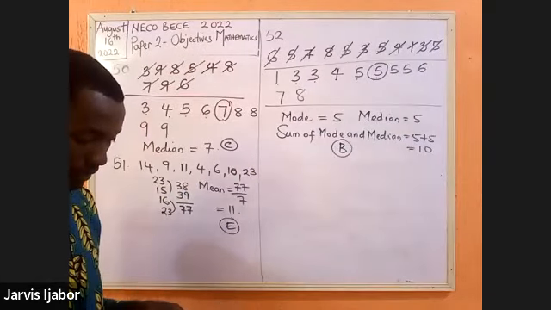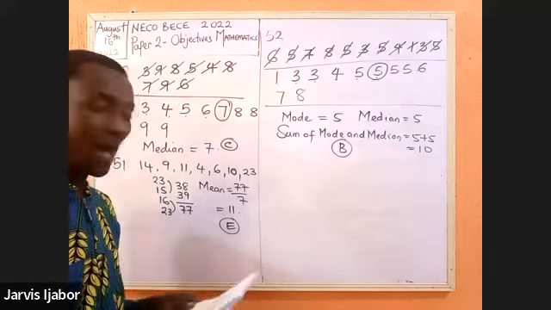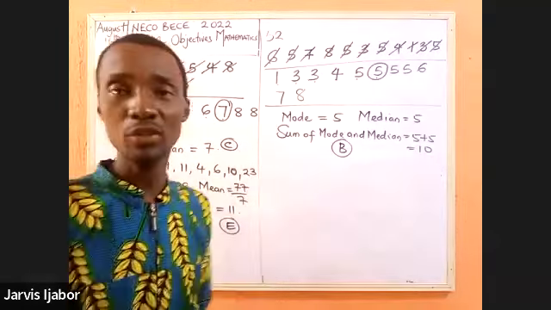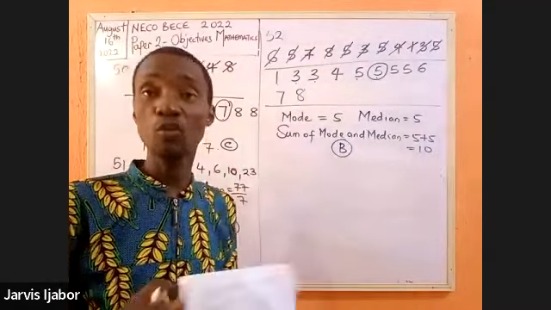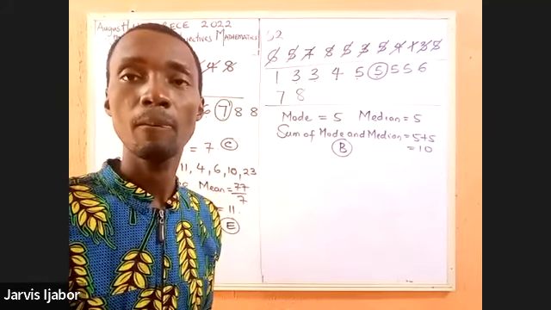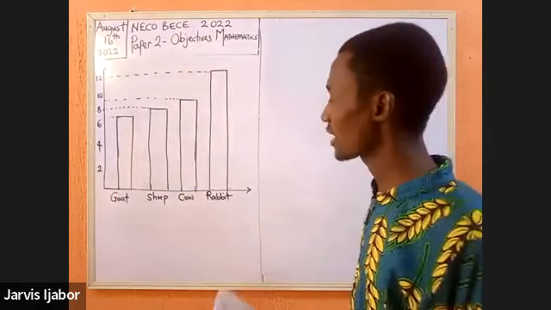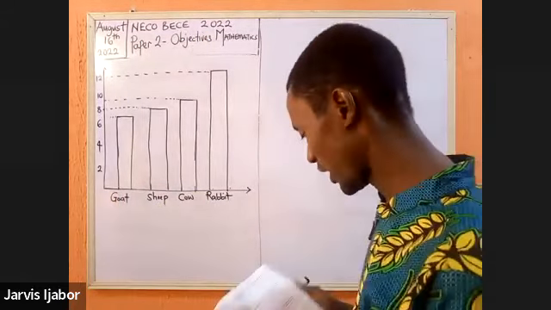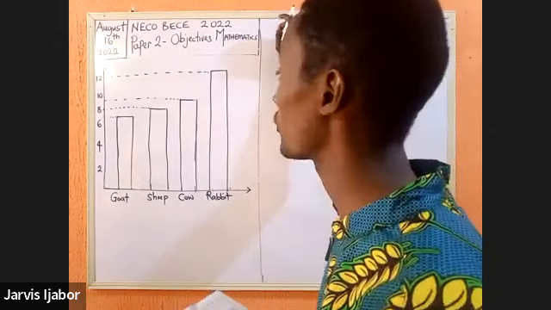Now, the next question is more like a bar chart. I'm going to draw that on the board so that we have a pictorial perception of what is expected of us here. So on the board is our diagram that will enable us to obtain answers to question 53 to 55.